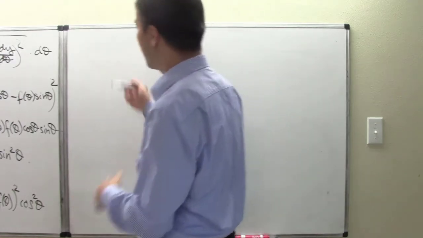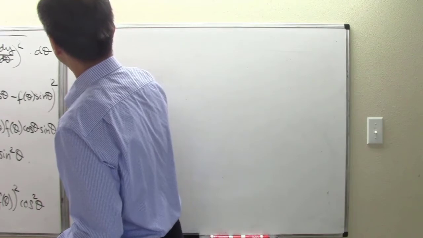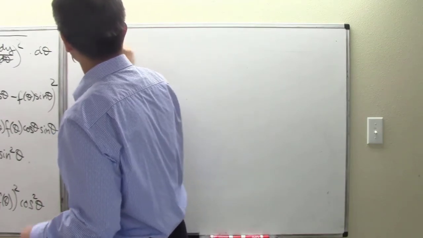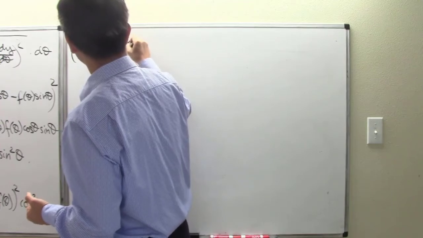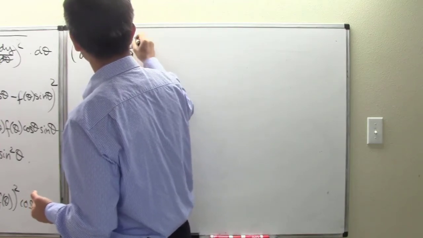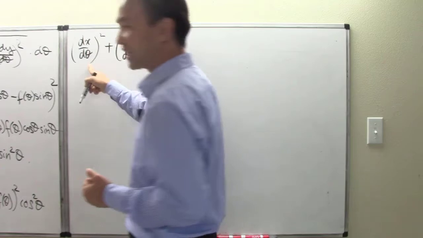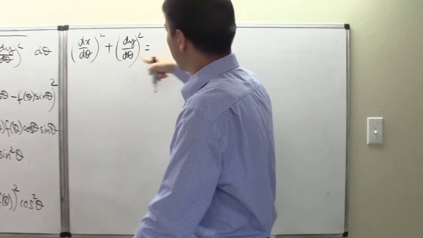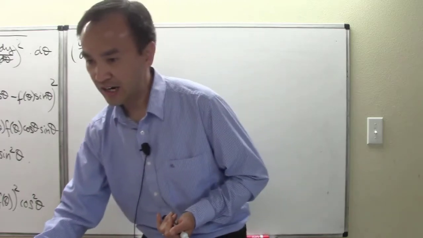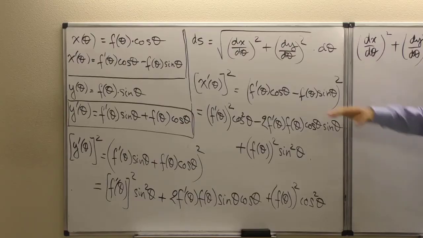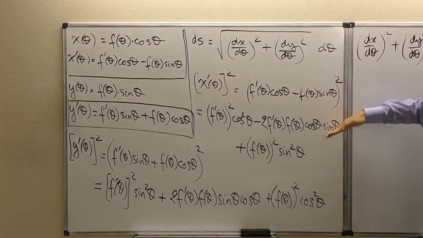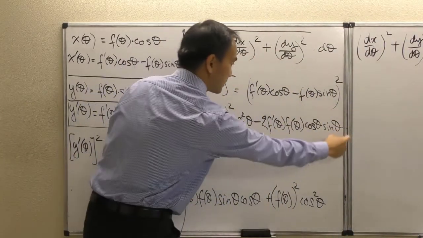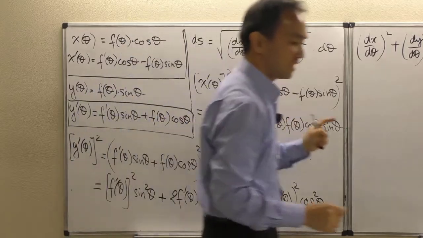So dx d theta all square plus dy d theta all square. Let's specifically handle this expression right here. For the dx d theta square, I am going to first substitute this whole lengthy expression.